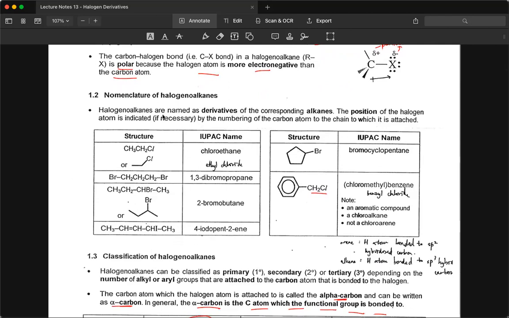Haloalkanes are named as derivatives of the corresponding alkanes. The position of the halogen atom is indicated by the numbering of the carbon atom in the chain to which it is attached.